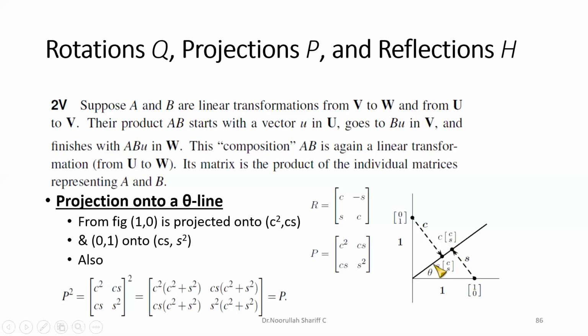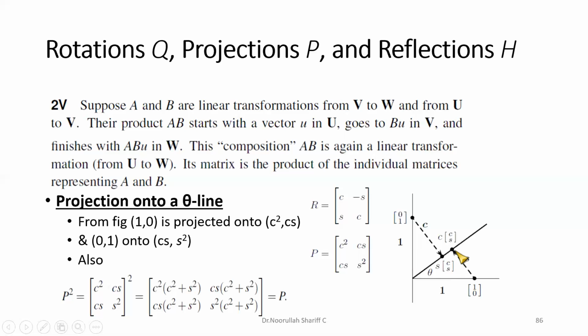The length of this is c, and this again projected to the x-axis over here will give us cos into another cos, whereas this projected onto the y-axis will give you this; this is theta, and therefore this angle should be theta, and therefore this should be the opposite. This itself is cos, and this projected onto the y-axis will be sine. So it will be cos into sine, and that will be cs.